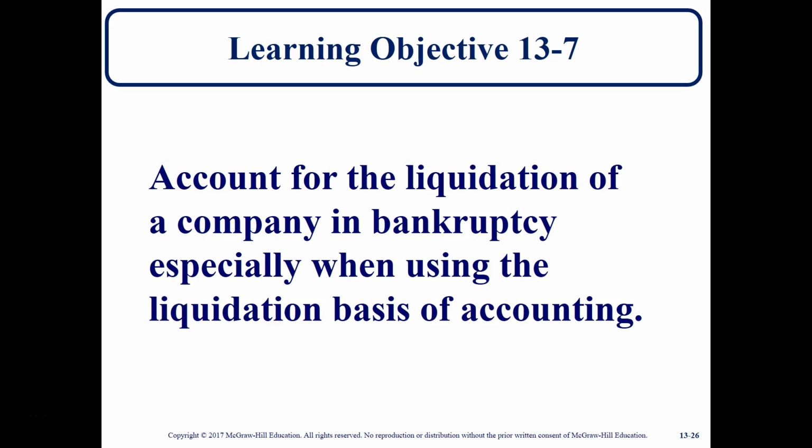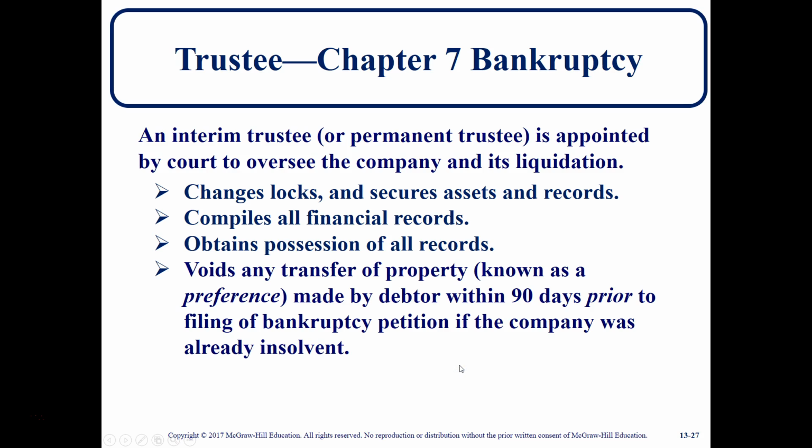The seventh objective: account for the liquidation of the company in bankruptcy, especially when using the liquidation basis of accounting. Usually in Chapter 7 bankruptcy, we go to a trustee. So an interim trustee is appointed by the court to oversee the company in the actual liquidation.